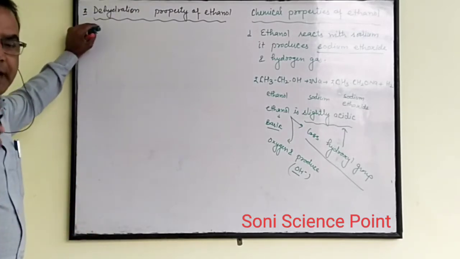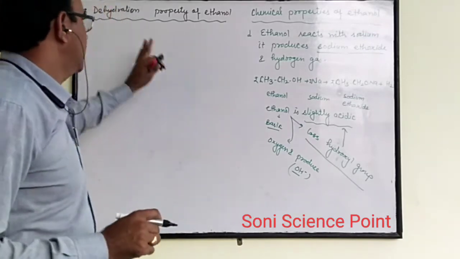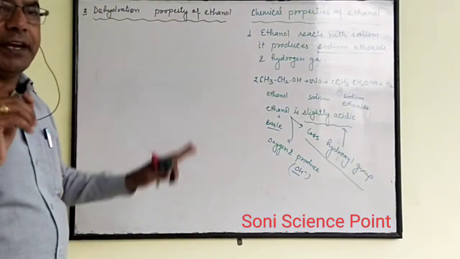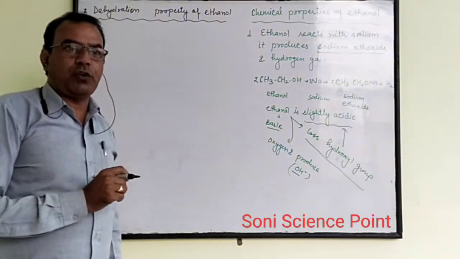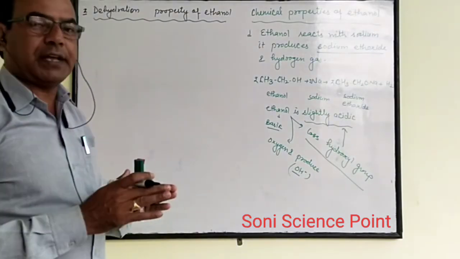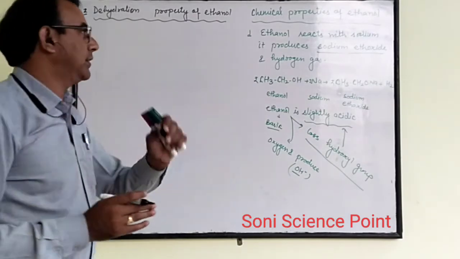The process in which any compound loses water is known as dehydration. When ethanol is heated at 443 Kelvin in the presence of concentrated sulfuric acid, it loses a water molecule and changes into ethene.